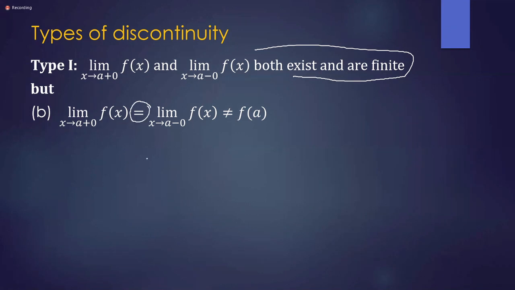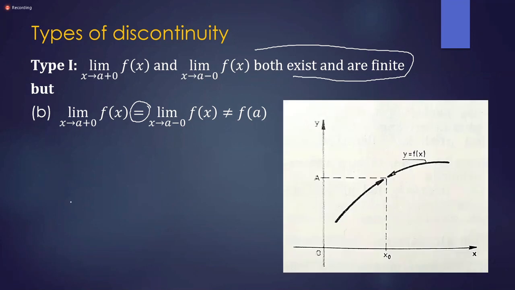However, the function value is not it. What this means is, it looks something like this. Maybe the function is simply not defined there. It could be simply a hole in the graph, an empty point. But it also could be that there exists a value that is just something completely different.